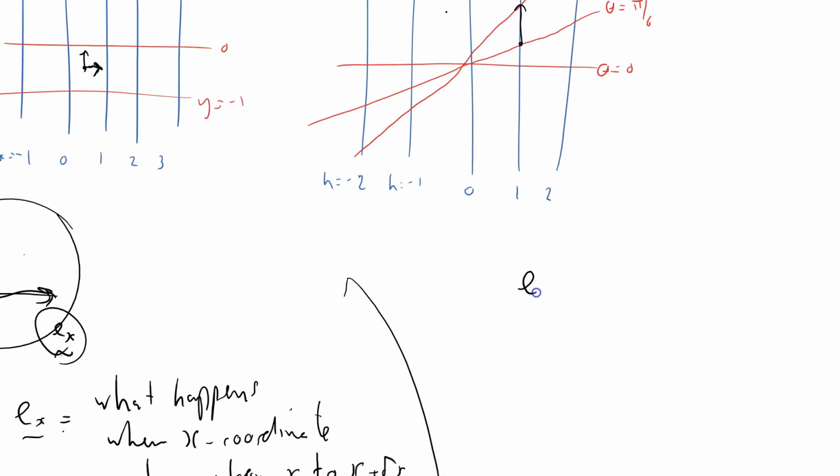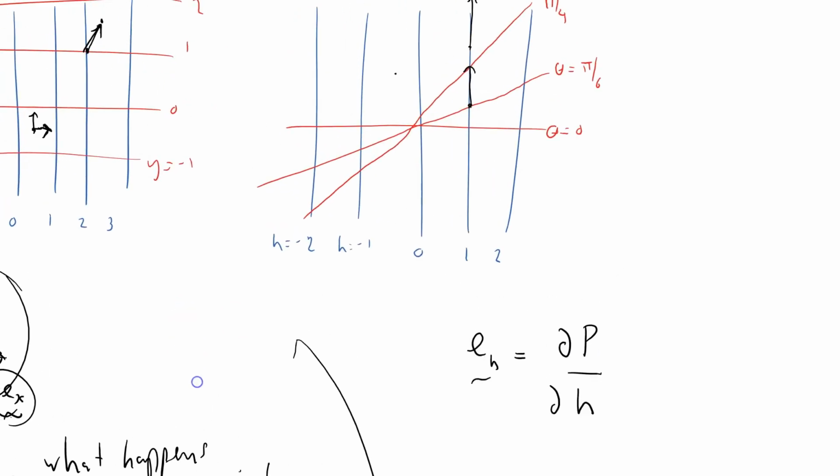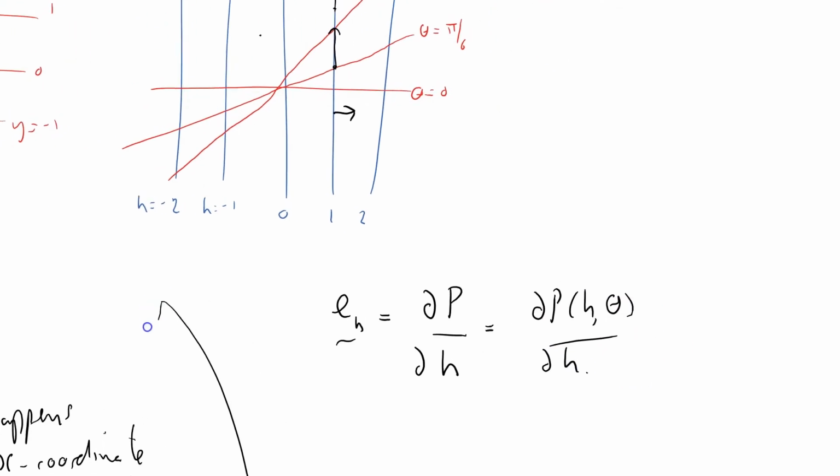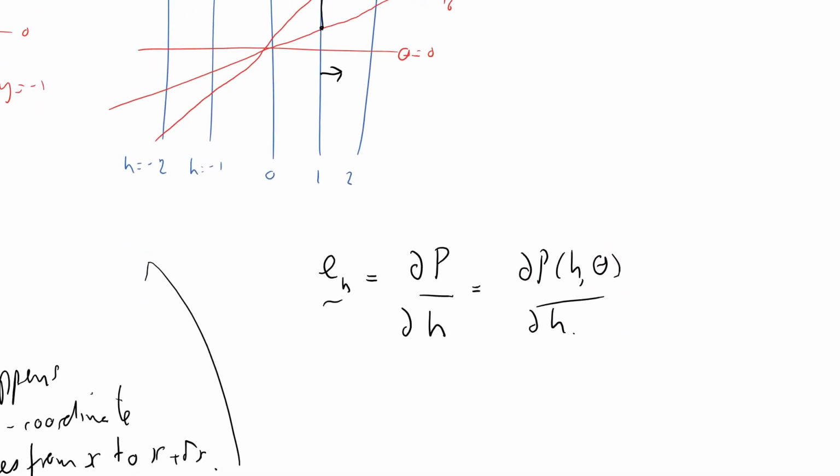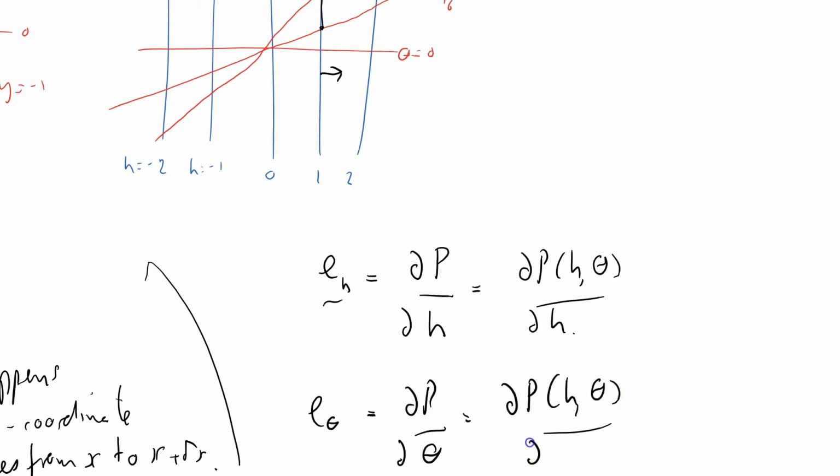So I'm going to define EH, by definition, equals del P by del H, which is what happens when this horizontal direction changes a little bit, equals del P of H theta by del H. And of course E theta equals del P by del theta equals del P of H theta by del theta.